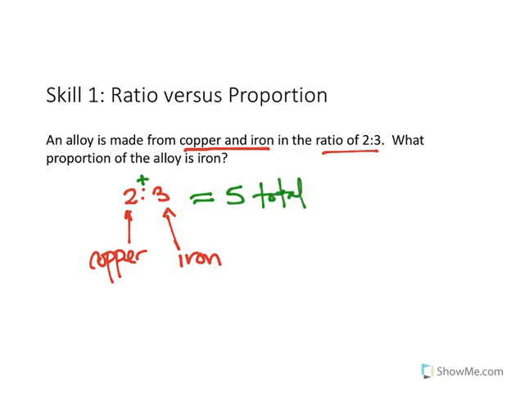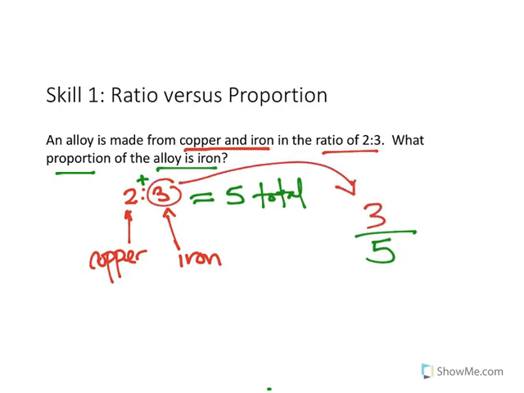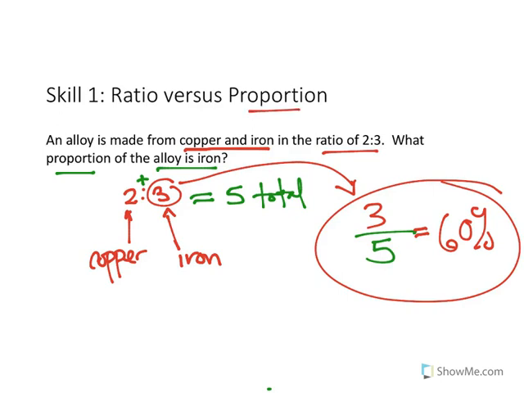Now that we know what the total is, we can write the proportion of the alloy which is iron. If the whole is 5, then the part that is iron is 3. So it's 3/5, or 60%. Because a proportion can be a fraction, a percent, or a decimal.